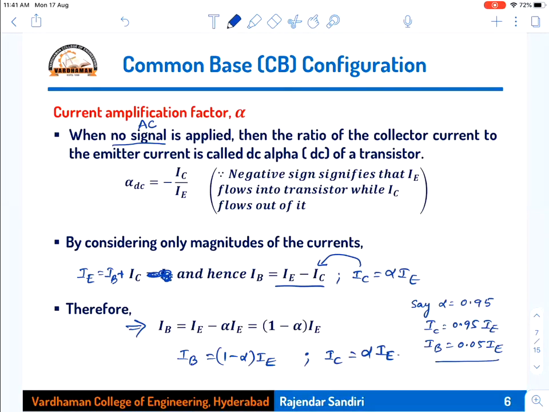That is what it is showing. So the same thing is represented here: IC is alpha times IE, IB is 1 minus alpha times IE. If alpha is equal to 0.95, IC is 95% of IE and IB is 5% of IE. These are very, very important relations: IC is equal to alpha IE, IB is equal to 1 minus alpha into IE.